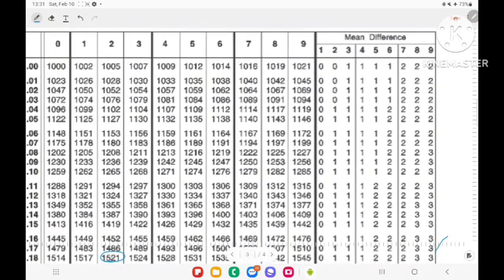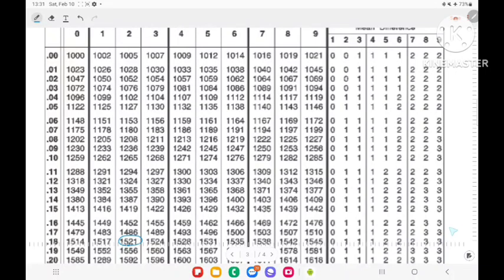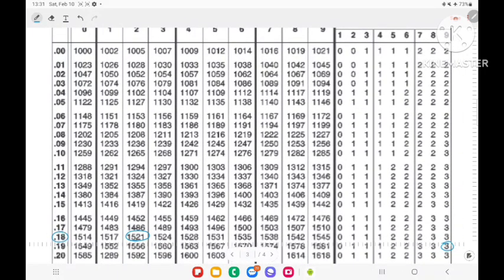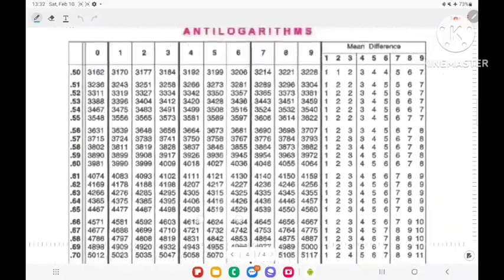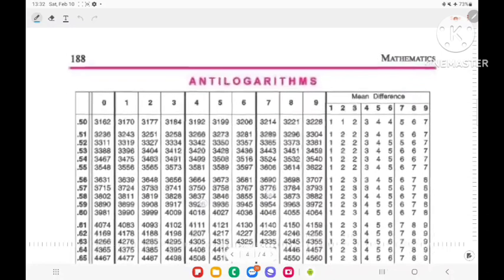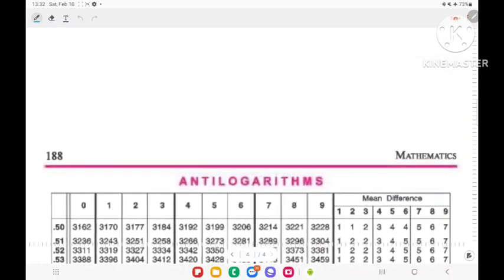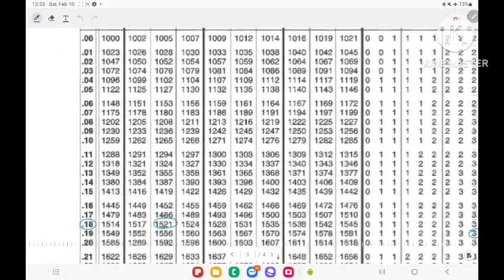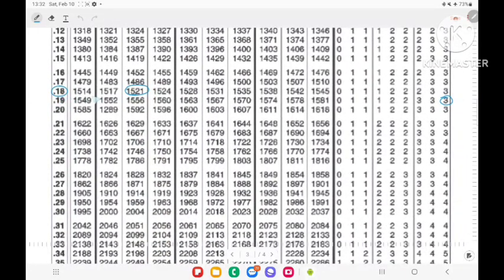1521, and 9 is this 3, right? So 0.18, sorry, 9, not here, here, 0.1829.